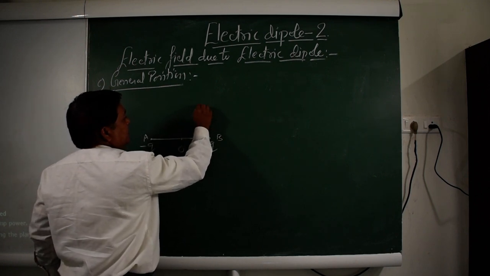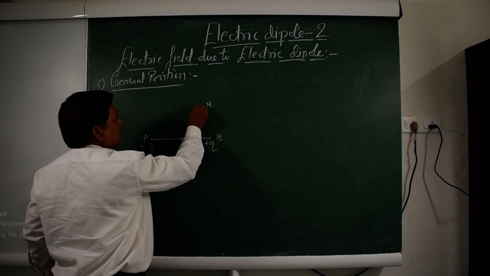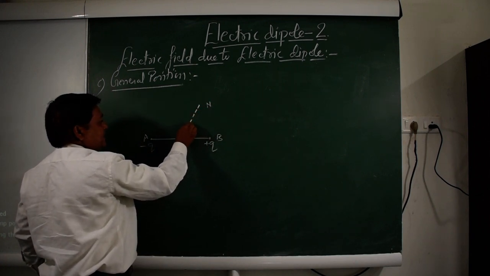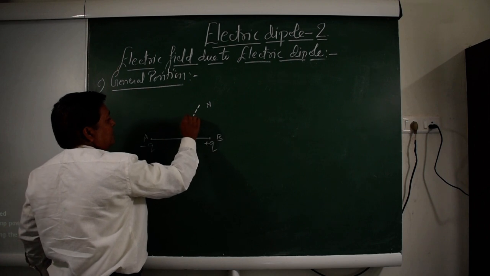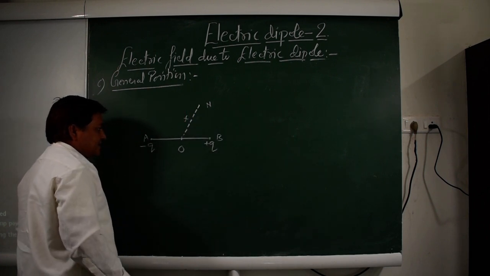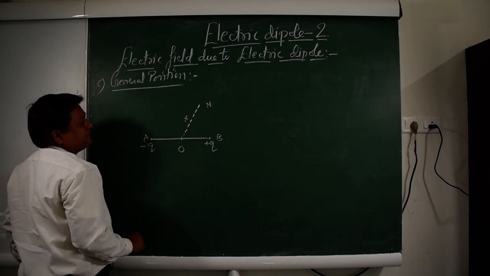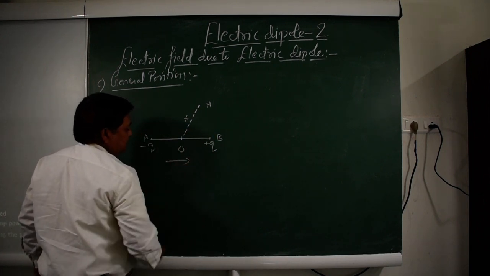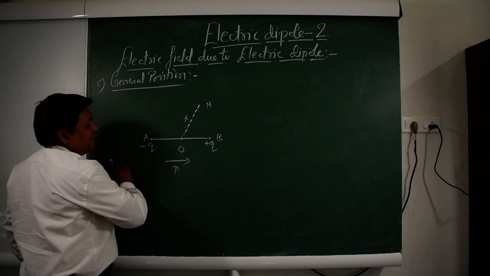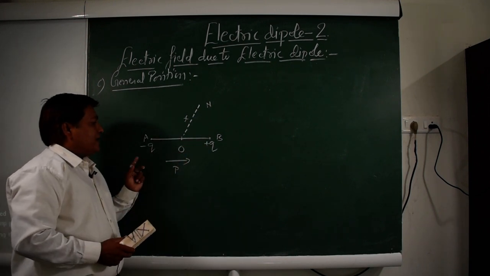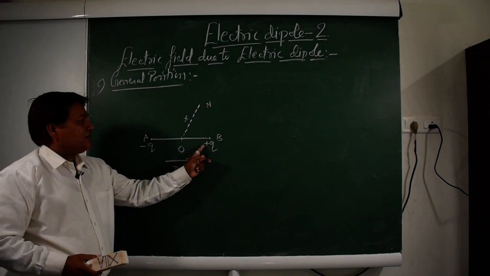I consider N as the general location, and the distance of this point from the dipole is x. Now the direction of the dipole is this one. This is P, the direction of the dipole moment.